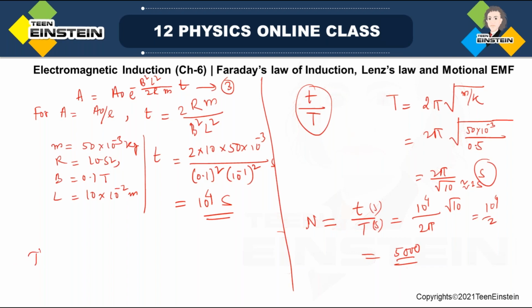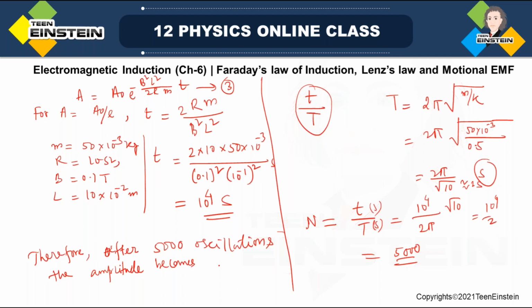Therefore, after 5,000 oscillations, the amplitude of oscillation becomes a factor of e.